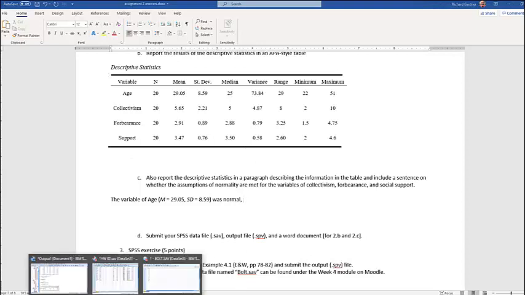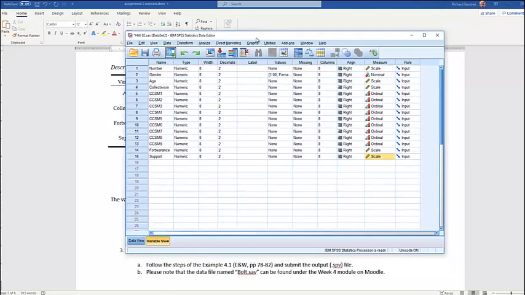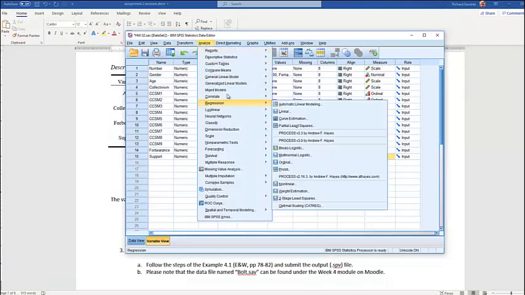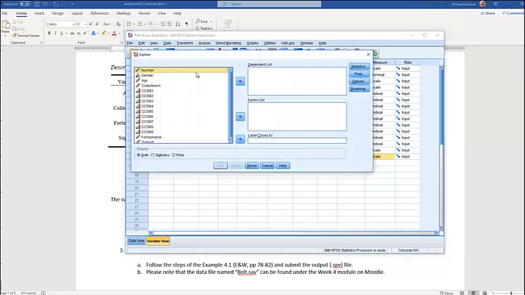So back to here. So to check for normality, there's more than one way again, but we're going to go to Analyze, Descriptives. We're going to go to Explore this time. And we're going to kick in Age, Collectivism, Forbearance, and Support.